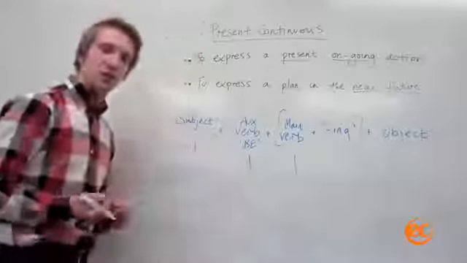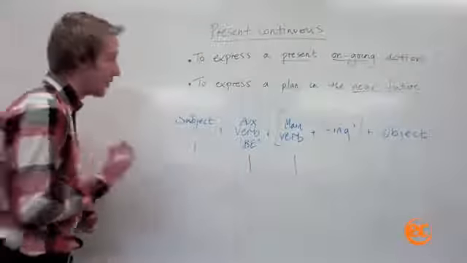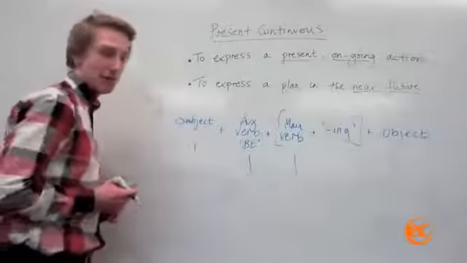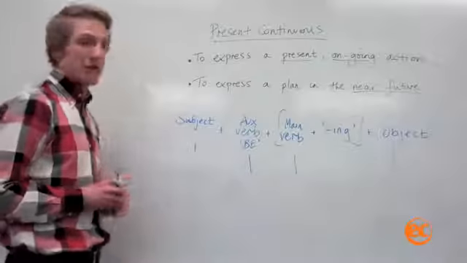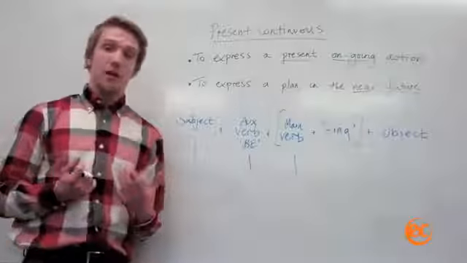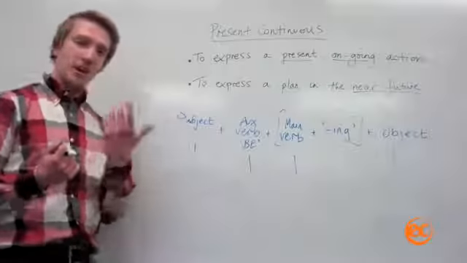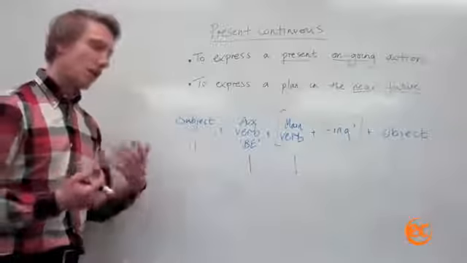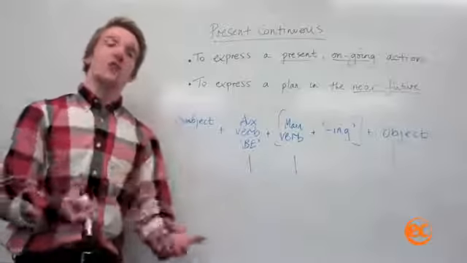So what kind of future arrangements are there that I could use the present continuous with? Well, there are many. For instance, if I'm in class, like you, and you ask me, Harrison, where are you going for lunch?